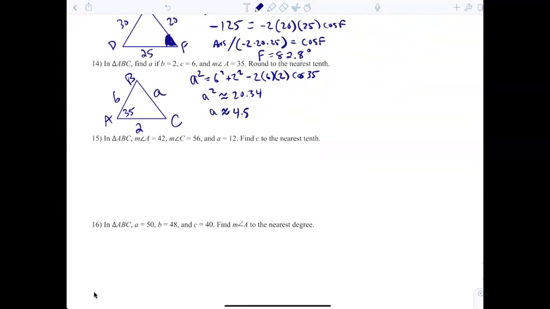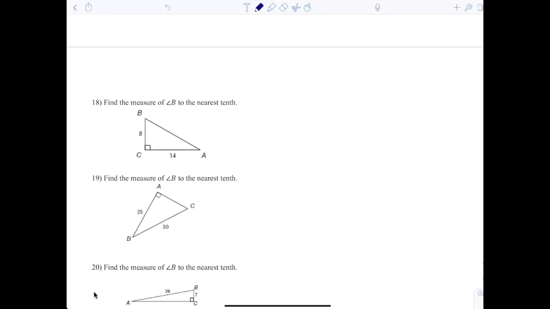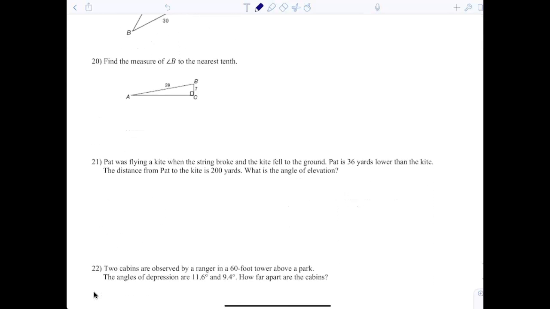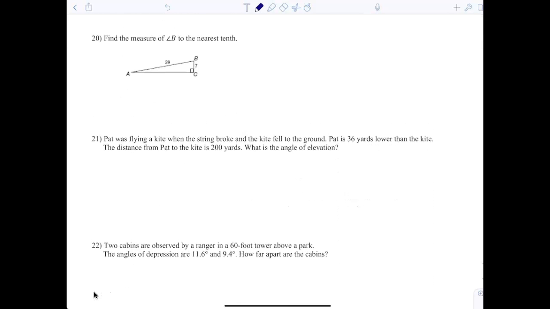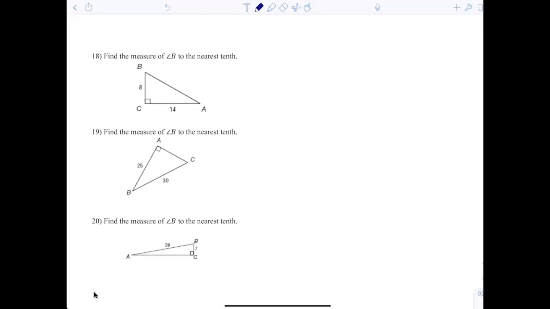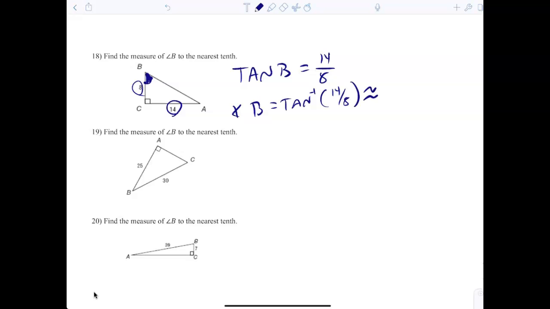All right. So 15, 16, 17, 18, 19, 20. Those seem to me straightforward. Let's look at 18. Angle B. So I'm highlighting. Notice what I'm doing. I'm highlighting what I'm looking for. So I know that angle B, the relationship between 14 and 8, good job. Tangent of B is equal to 14 over 8. Angle B is equal to the inverse tangent of 14 over 8, which is approximately what?